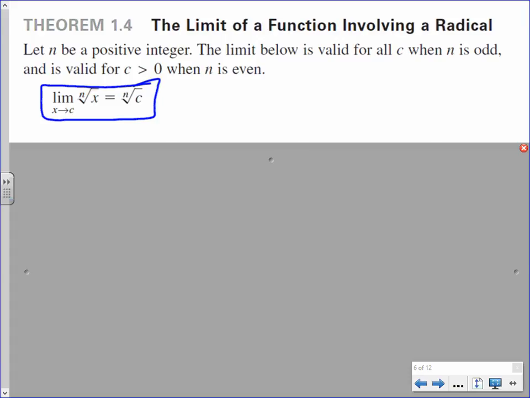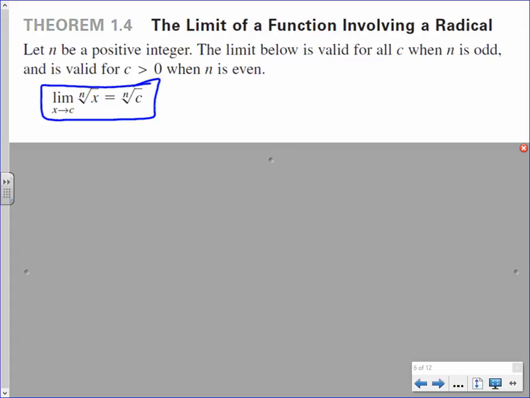Be careful. We cannot have negatives under even roots. So if it is a limit of some sort of square root and it makes the inside negative, that is not possible, and so that would be a limit that doesn't exist.